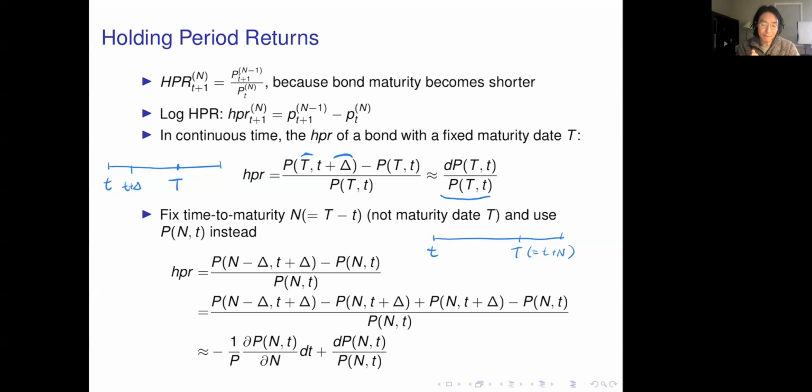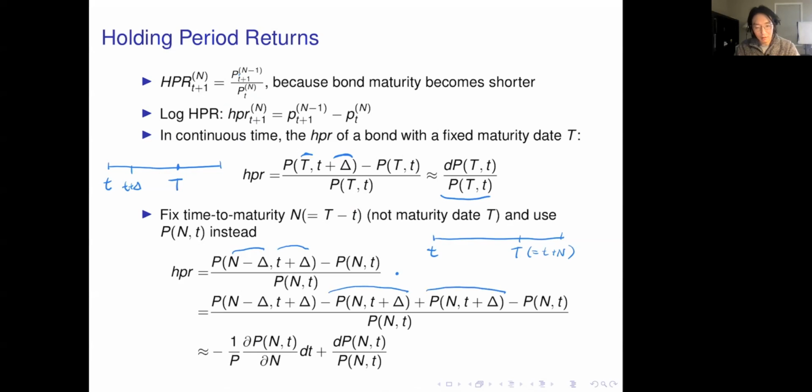So you can express it in this way. The first line is the same expression as before. So when you sell it in the next period, now the time to maturity decreases by delta t, and the time you sell it has advanced by delta t as well. Now we are subtracting and adding the same term.